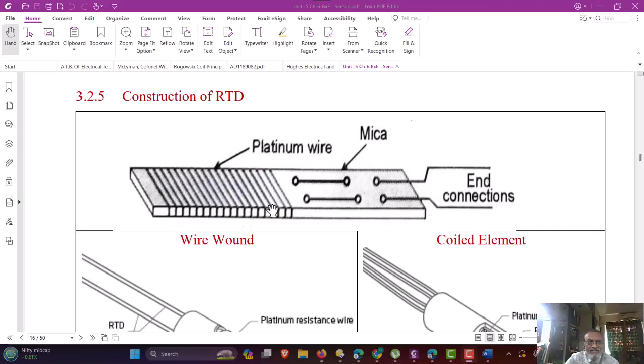Whenever this sensor is subjected to temperature, the resistance of the platinum wire changes as discussed above, and that change in resistance can be further measured by the electronic circuit.